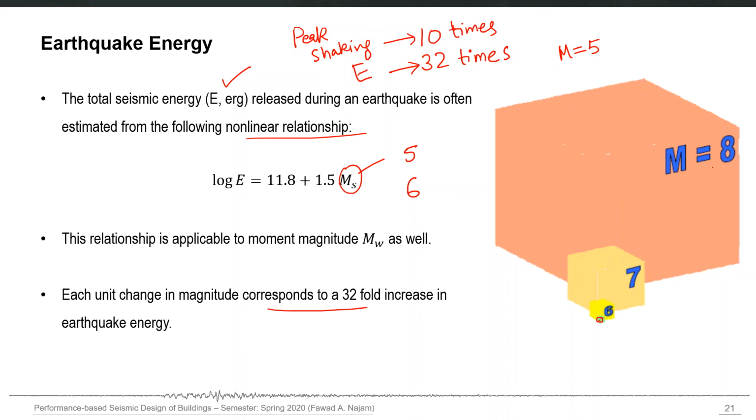And from 7 to 8, it will be 10 times in shaking or 32 times in energy, it will be this much. So now the comparison between magnitude 8 and magnitude 6 may show a huge difference because it is increasing exponentially. So please keep that proportion or context in mind when you think about different magnitudes. Magnitude 6 is, you can say, 100 times smaller than magnitude 8 if you talk about peak shaking.